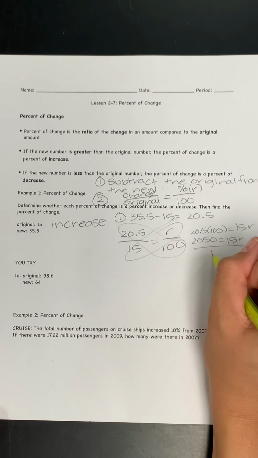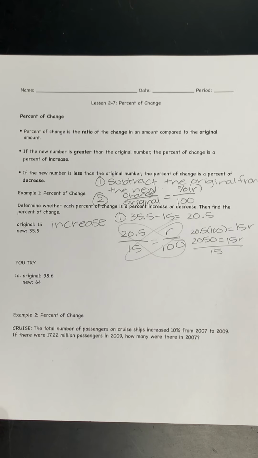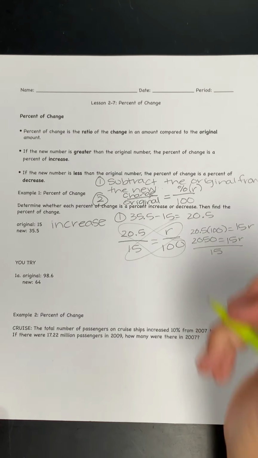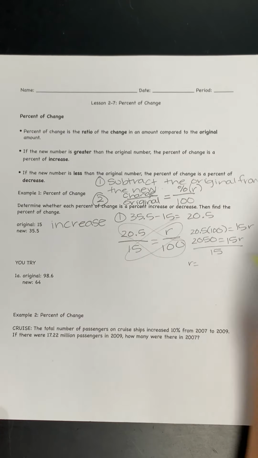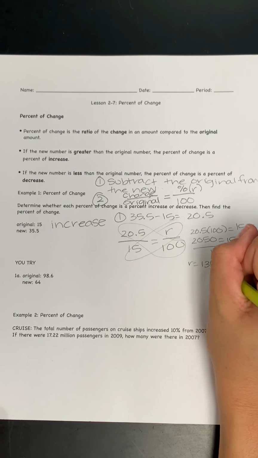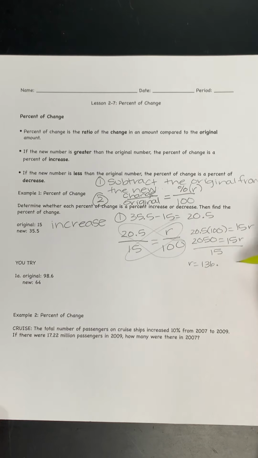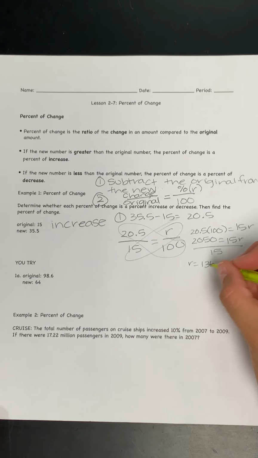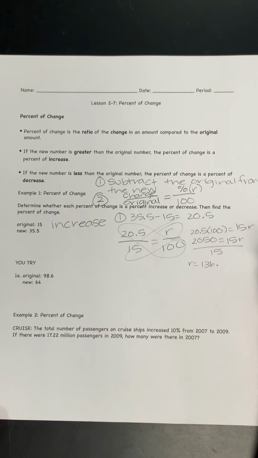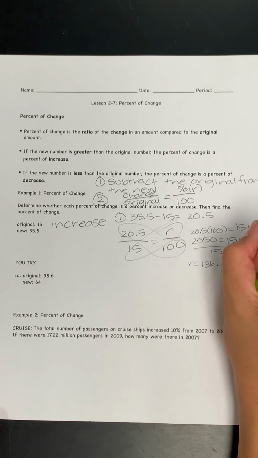I'm going to divide both sides by 15, and when I do that, I end up getting R equals 136, and it ends up being your decimal 0.6 repeating. So when you do that, 136 point, and since it's 6 repeating, we'll go ahead and round to the nearest hundredth.